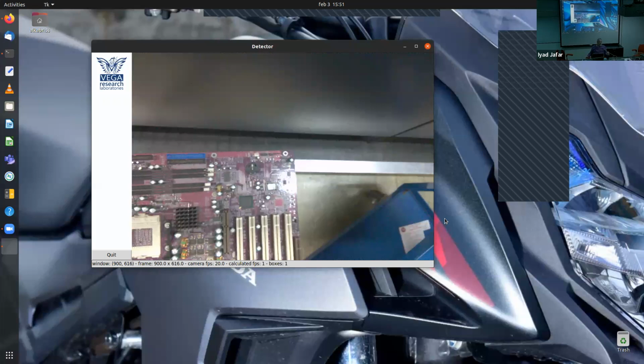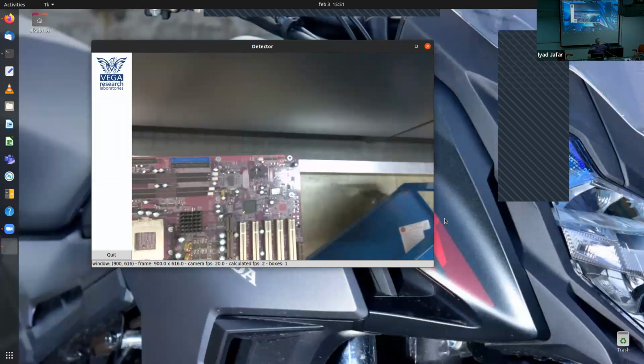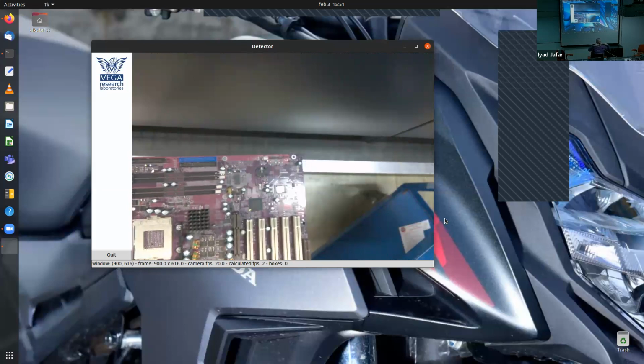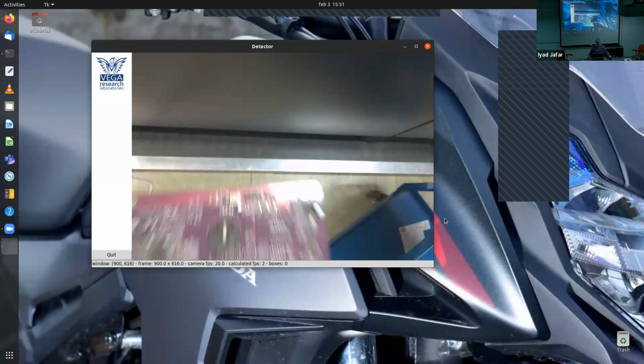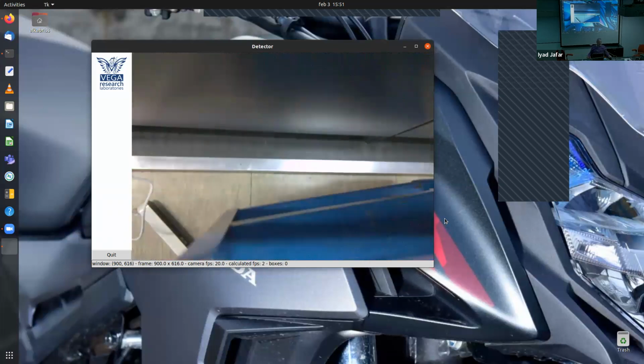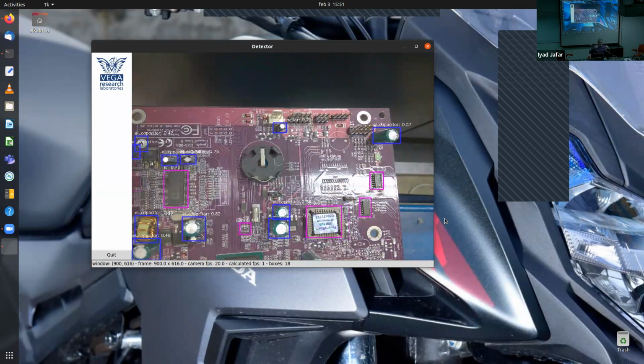The camera doesn't suffer too much with focusing about distance, so the distance doesn't matter too much. It's better to have good lighting and to be close enough for a good resolution, and to see how many components you want to check.